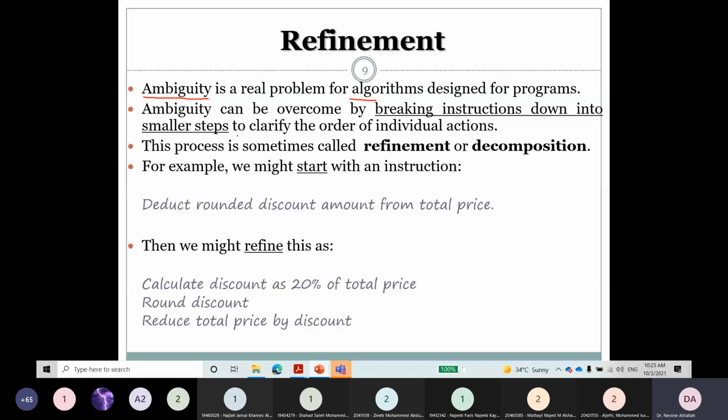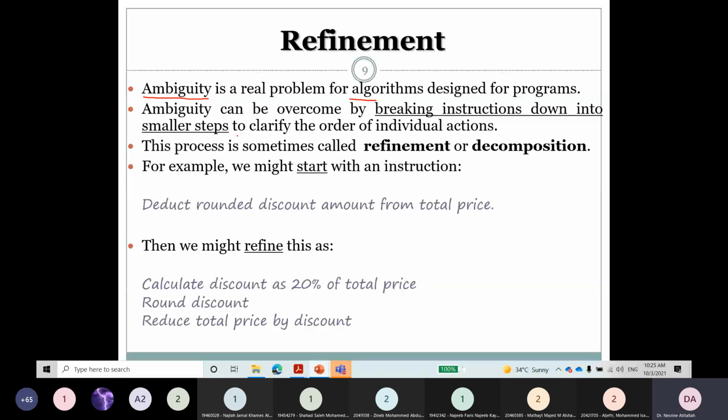So we will have the total. This instruction can be refined, or broken down, into 3 smaller steps here.